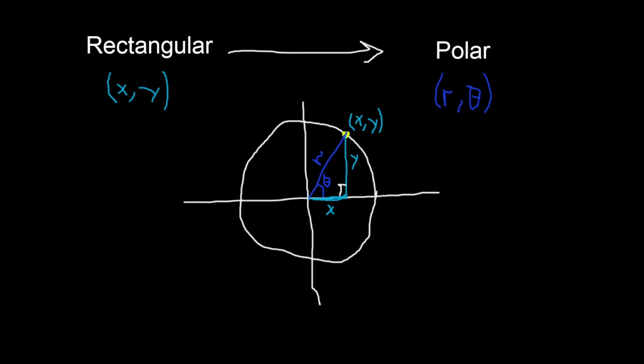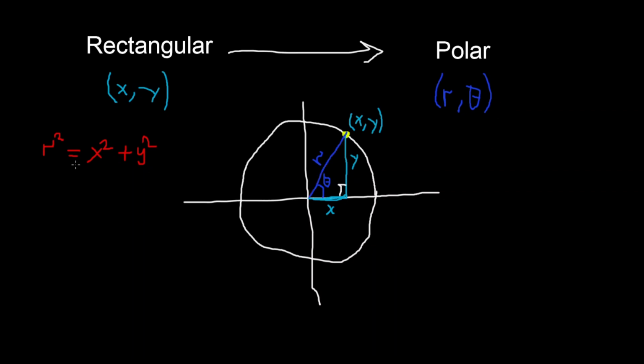With the Pythagorean theorem, we can say that r squared equals x squared plus y squared. Why? Because we can see this is a right triangle with this as the hypotenuse, this as its two legs.